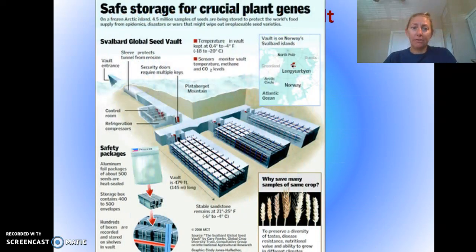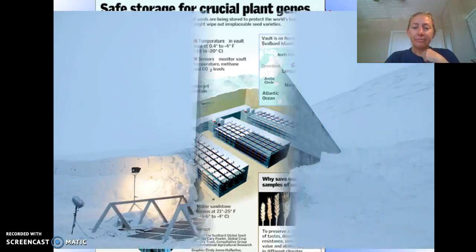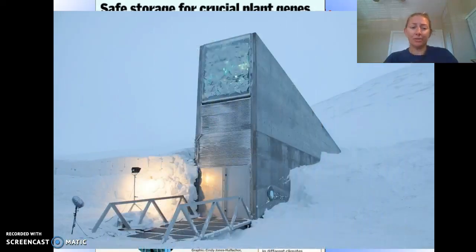And here is just an idea of what's going on in the seed vault. I believe every country in the world has donated seeds to the seed vault. Even North Korea has seeds in the seed vault. And here's what the front entrance looks like. Like I said, it's literally in the side of a mountain.